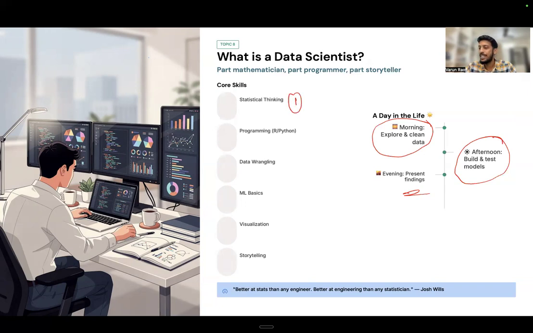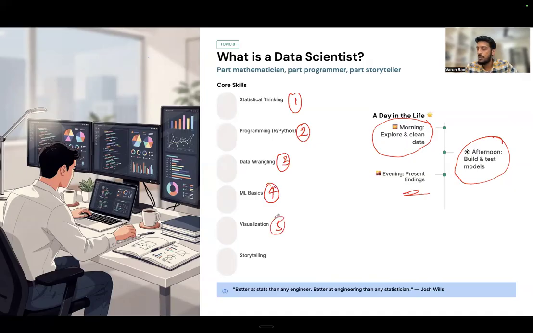So all of this starts with critical thinking or statistical thinking in the first place, then understanding the tool and the language in the second place. When you get the data, you need to know what data wrangling is. It could also be very easily understood as data cleaning, or probably EDA. Then you have your machine learning, which would be applied. It's written as basics, but it could be high level or basic level.